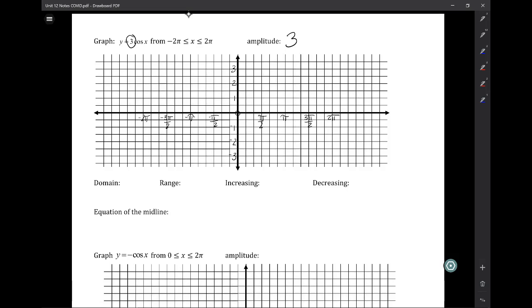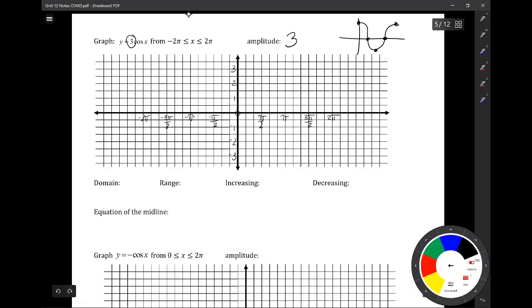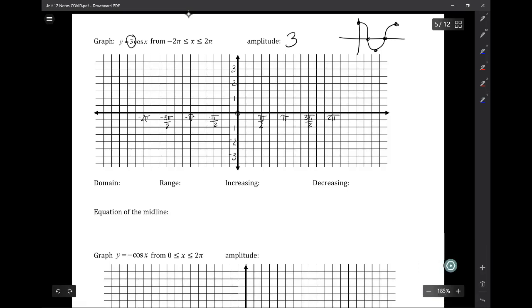All right. So we know that our standard cosine curve looks like a valley. It has 5 critical points. 1, 2, 3, 4, 5. What we need to do is replicate those 5 critical points onto our grid, but using an amplitude of 3. So our first point starts above the midline at our maximum 3.